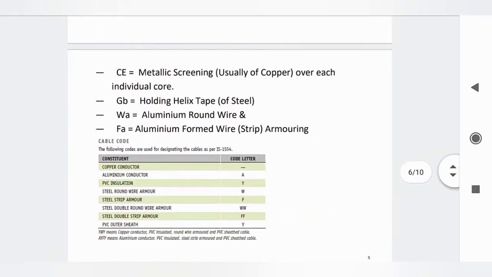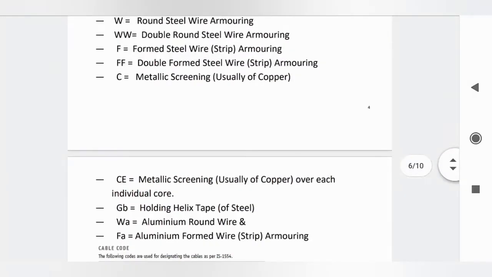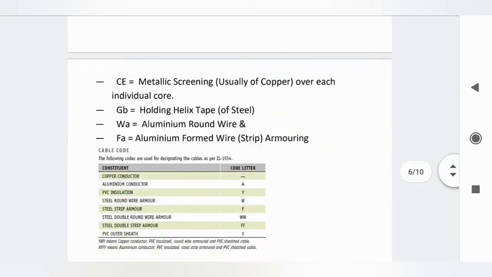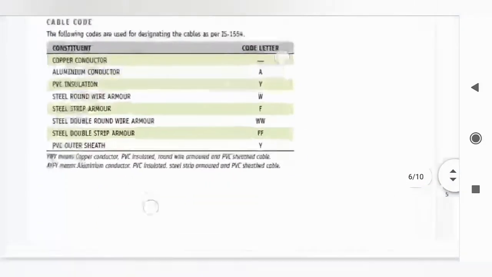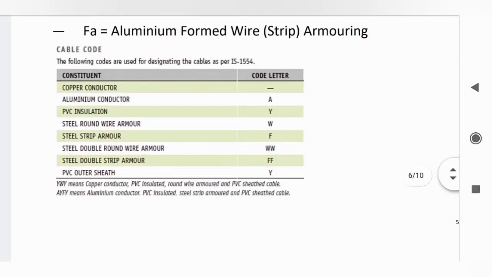And previously we have also seen F, which meant flat strip, but if it is FA, then it means aluminum flat wire strip. So F means steel flat strip armor, and FA means aluminum flat strip. Then this is the table from IS 1554, and this indicates similar things.